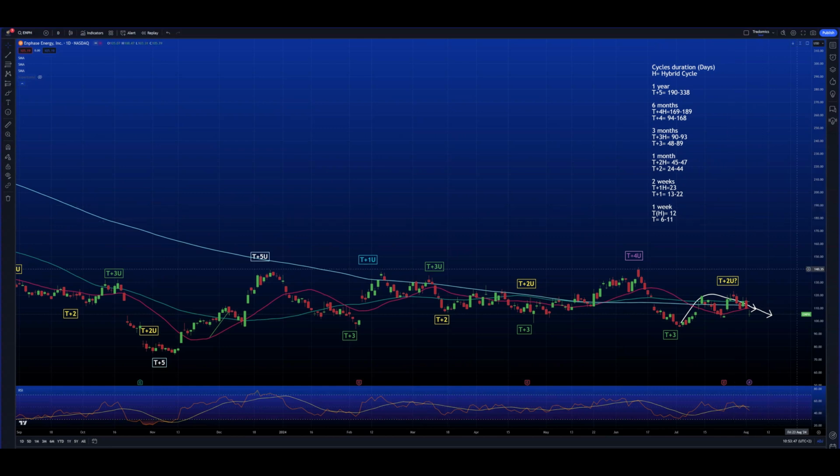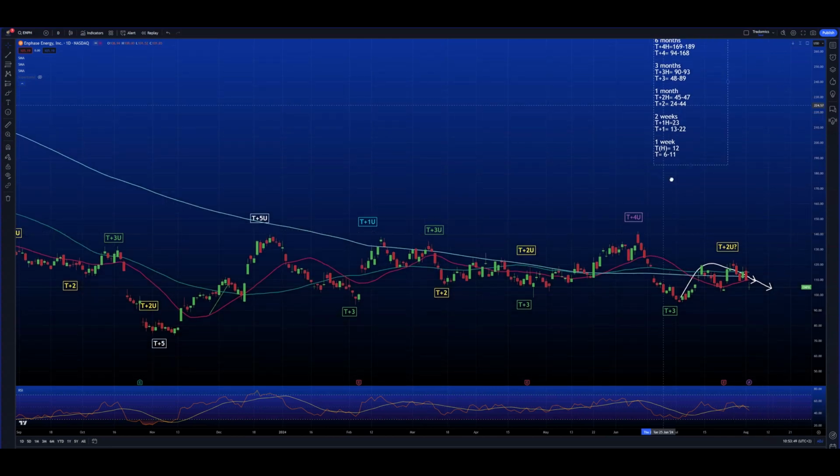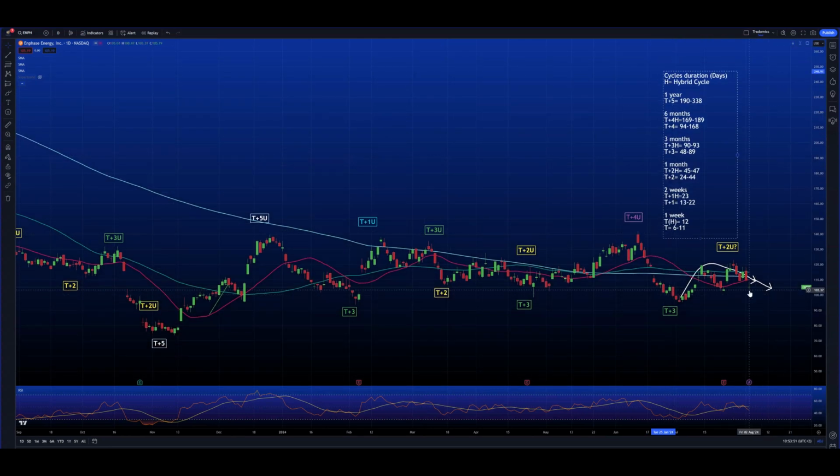So let's zoom in. We might go lower to this low, which was signed yesterday at $103.31 to close the T plus 2. Okay, so to close the first downward cycle T plus 2. We have now a duration of 9 bars out of 11 for a weekly downward cycle.